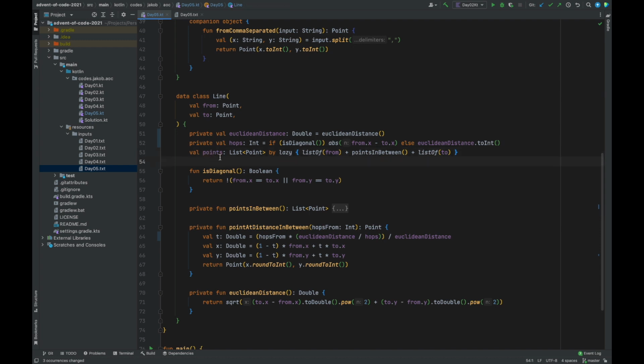It needs runtime, first of all, to calculate them. It's not insanely much, but it needs time to do this part here, points in between. And secondly, it eats some memory, right?